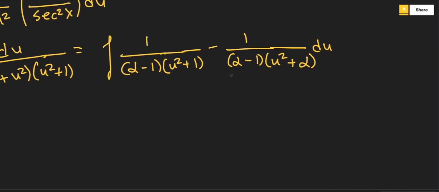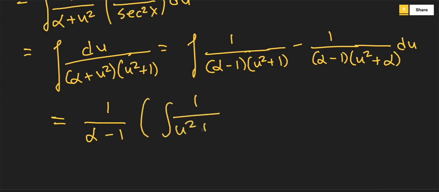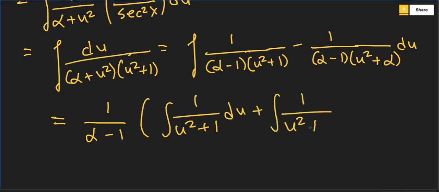So now these are two pretty well-known integrals if we just factor out the 1 by alpha minus 1. So once we factor it out, this is going to become 1 by alpha minus 1 of the integral of 1 by u square plus 1 plus the integral of 1 by u square plus alpha.